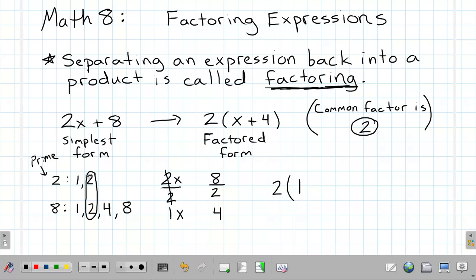So it's going to be 1x, or x in this case, so you can leave off the 1. And since it's 2x plus 8, it's going to be a plus on the inside of the parentheses. And then what was it when we divided 8 by 2? We got 4.